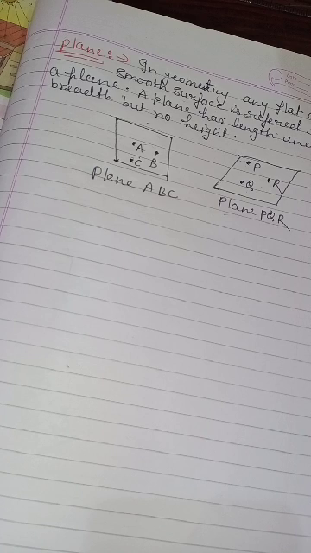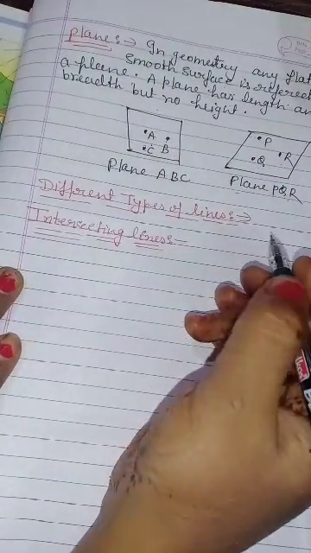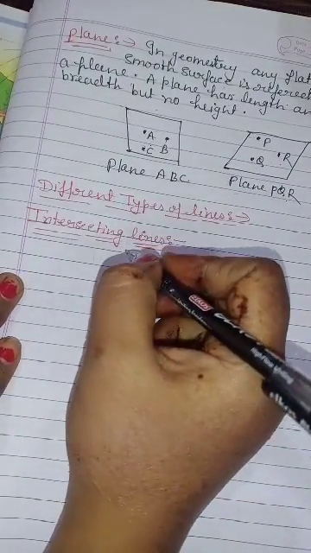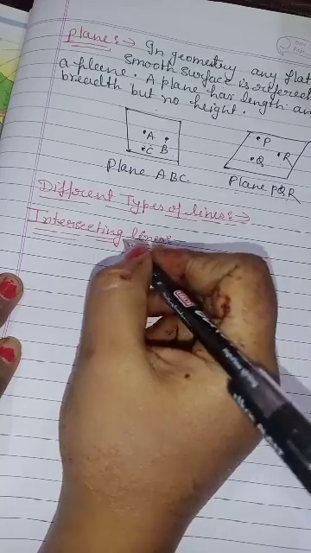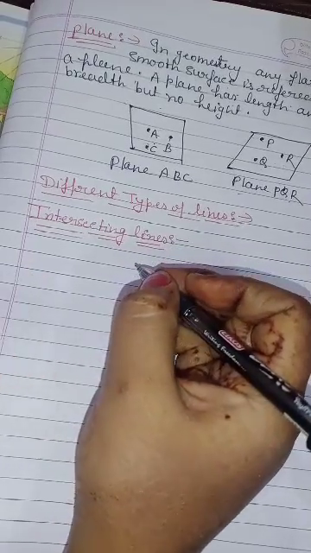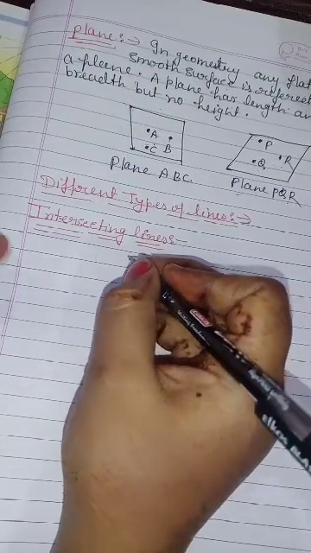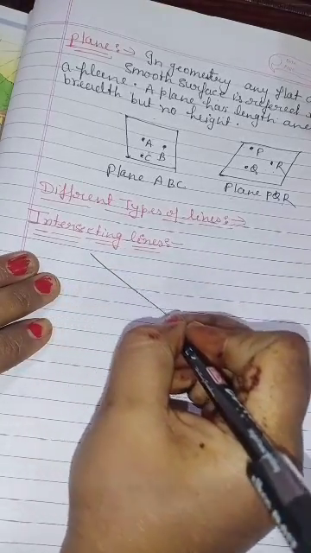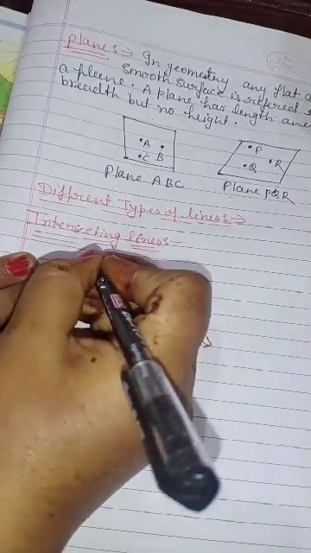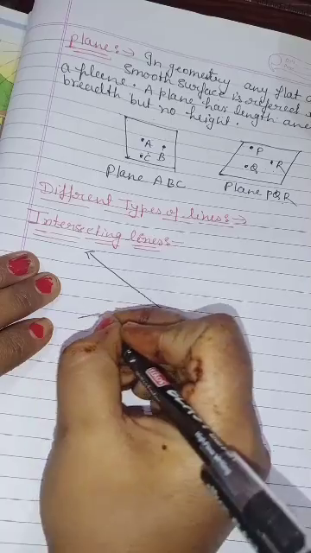Okay, now the next definitions we are coming to learn. Now see, beta, different types of lines we are going to learn now. First of all, we would like to learn intersecting lines. So what do we mean? Here I am drawing lines, not line segments. Suppose I have drawn two lines in such a way that they are intersecting each other.